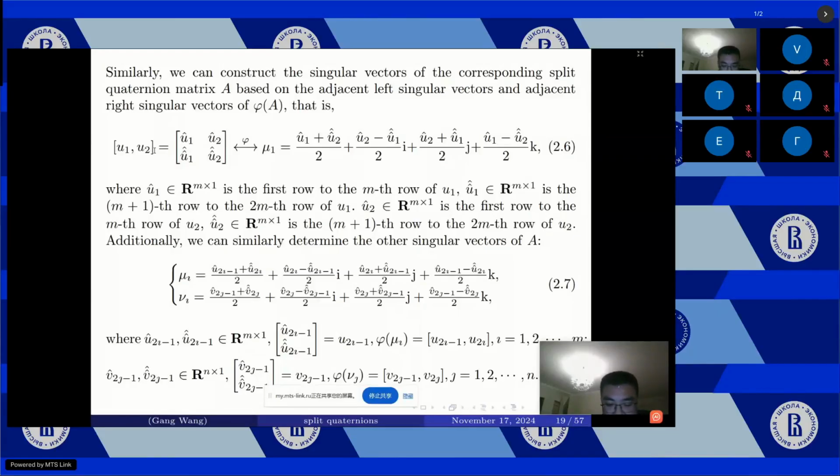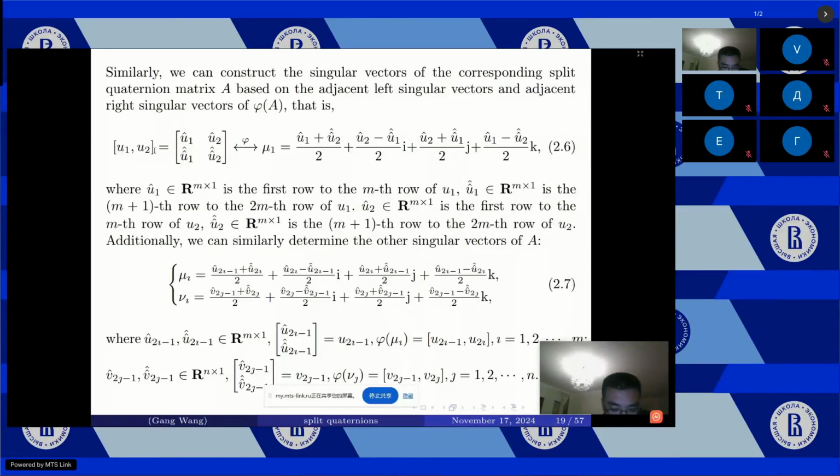Similarly, for the left and right singular vectors of a split-quaternion matrix, we pair the left and the right singular vectors of its isomorphic real matrix by combining odd and even index vectors to obtain the unique corresponding split-quaternion vectors. Notably, if singular values are paired by grouping the first and the second values for the isomorphic mapping, then the singular vectors are paired by combining the first and the second columns.